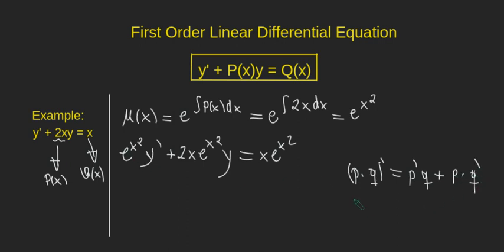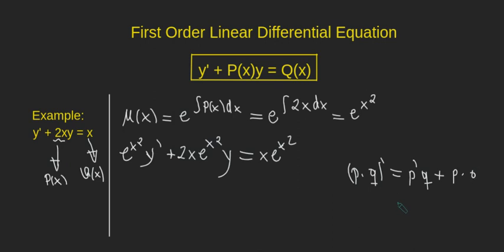Here for the first we have the y function, which is differentiated here and not differentiated there. And for the second you have the function e^(x squared). When you differentiate the exponential of x squared, you get itself, but you have to multiply by the derivative of the exponent by the chain rule. And the derivative of the exponent is just 2x.